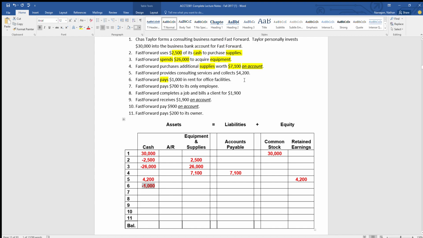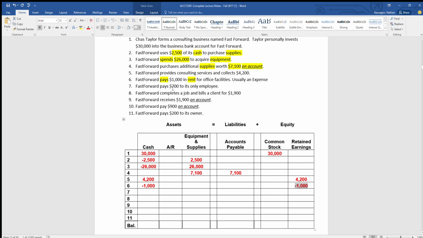And since rent is usually an expense, we will put this again with retained earnings. Notice, since it's crossing over the equal sign, it's going to be the same number. So right now, we can say we have a net income of 3,200. Cool stuff, huh?